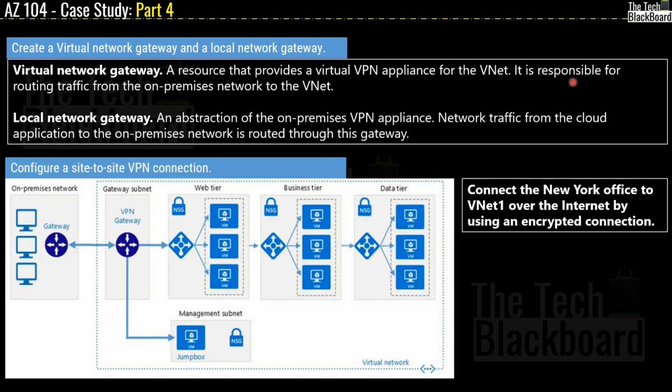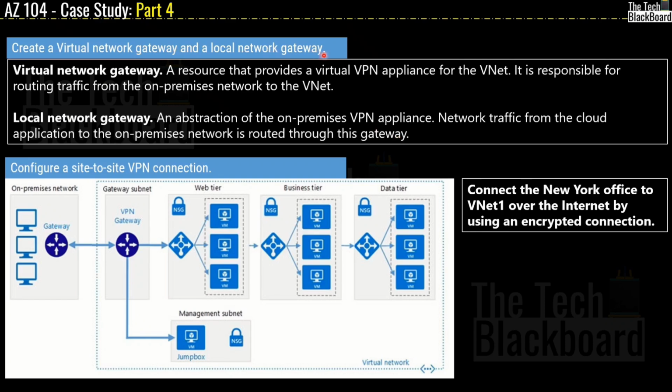It is responsible for the routing of traffic from the on-premises network to the VNet. And then we have local network gateway, which is an abstraction of on-premises VPN appliances. Network traffic from the cloud applications to the on-premises network is routed through this gateway. So that was the clarification of why we have chosen virtual network gateway and local network gateway.